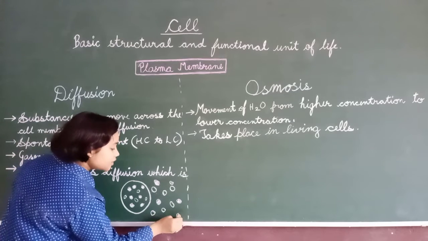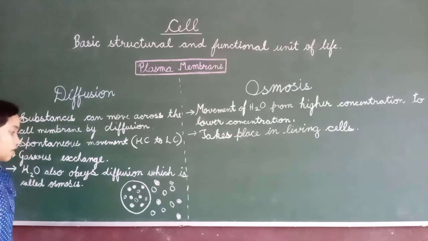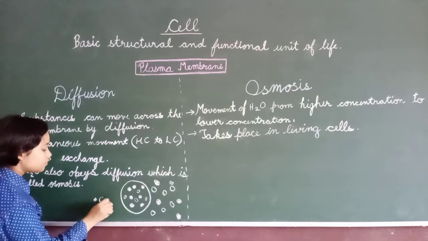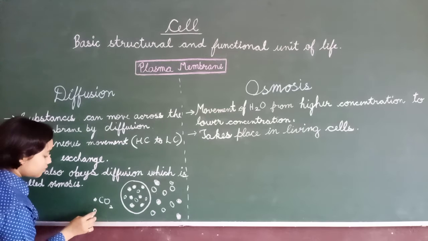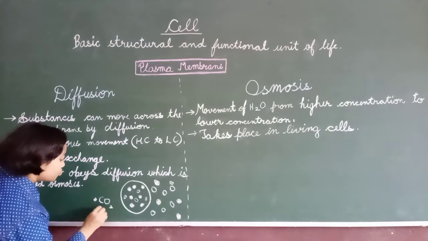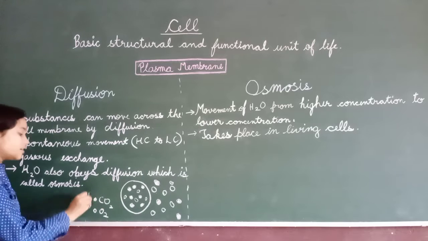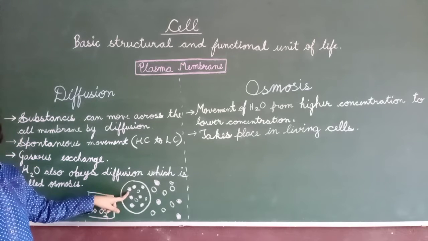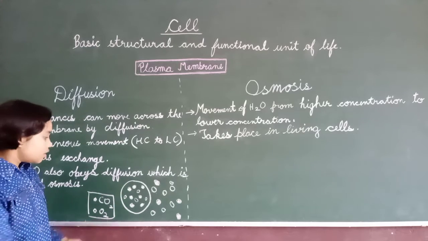You can clearly listen here and understand this process. As you can see, this one is CO2 and the blank dots are O2. O2 means oxygen, CO2 means carbon dioxide. Inside the cell, carbon dioxide molecules are very much present.